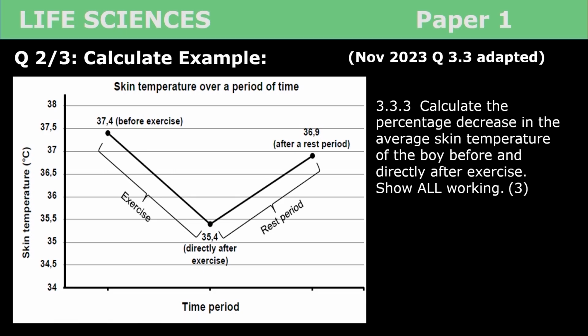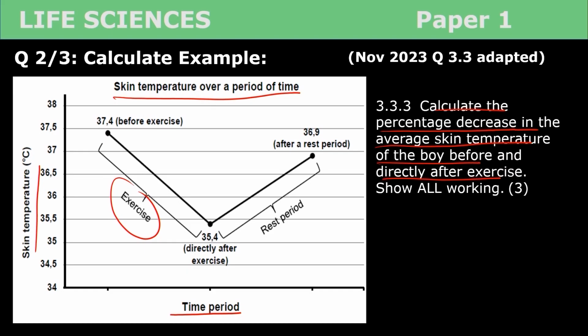Here's an example. Calculate the percentage decrease in the average skin temperature of the boy before and directly after the workout. Let's look at the graph. Skin temperature over a period of time. There is skin temperature on my y-axis, time on my x-axis.